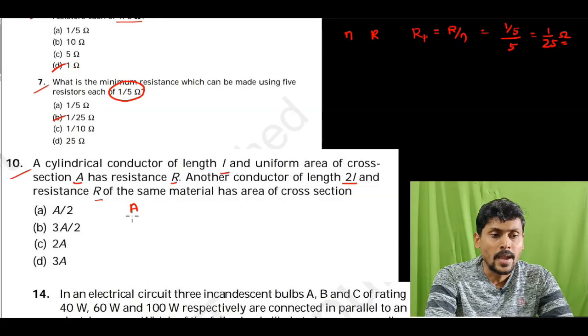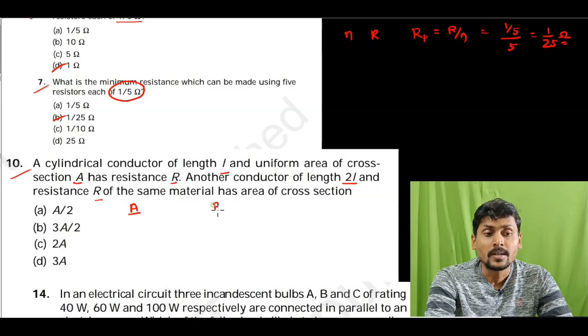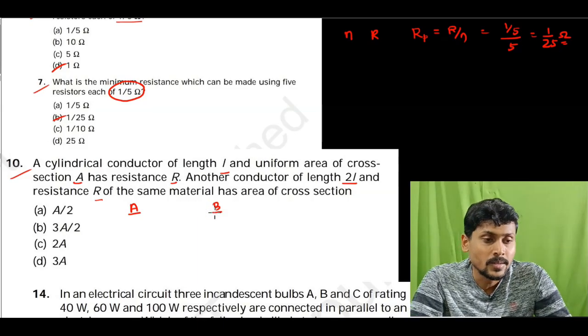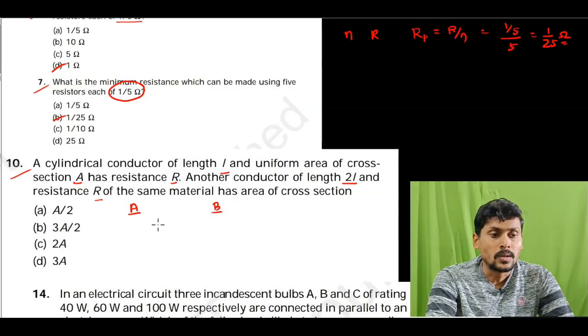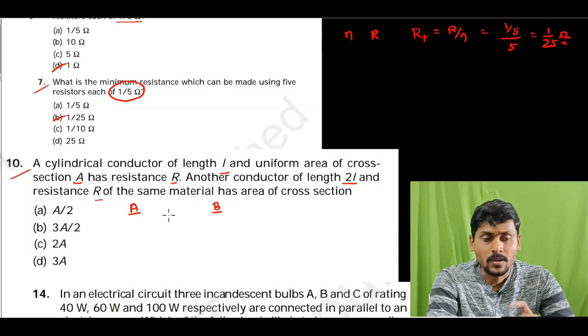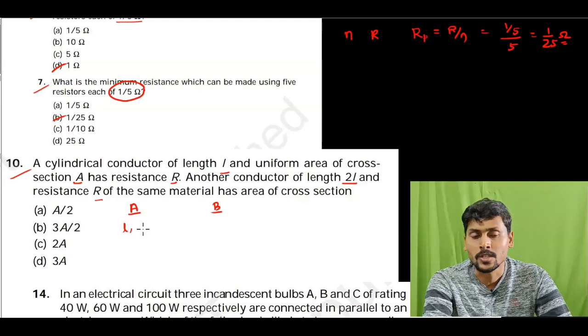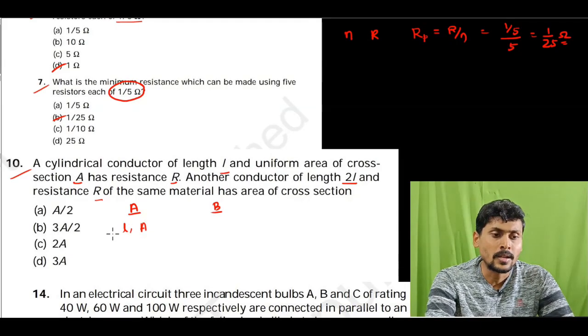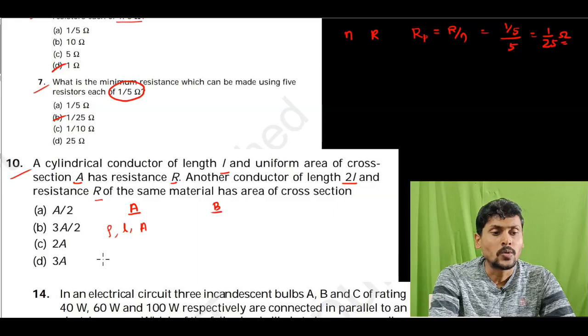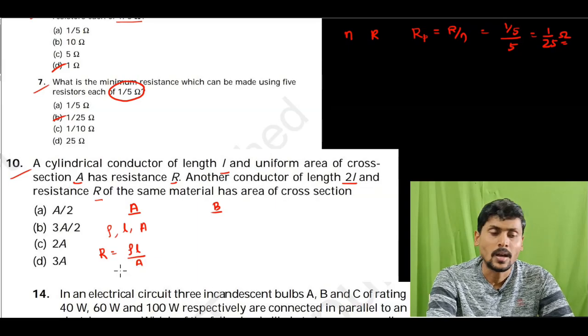But conductor A and conductor B have different dimensions. The first conductor has length L and area of cross section A, and rho is the resistivity. So the resistance R will be equal to rho L by A.